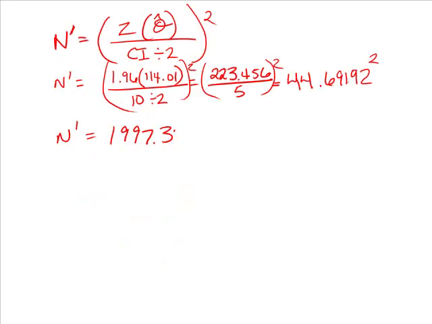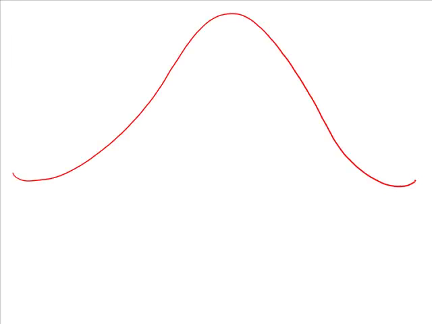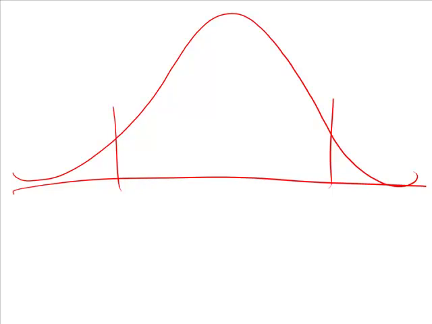All right. So that's confidence intervals. We have a normal distribution. We take what is given to us, which is usually the idea of a mean or a sample mean.